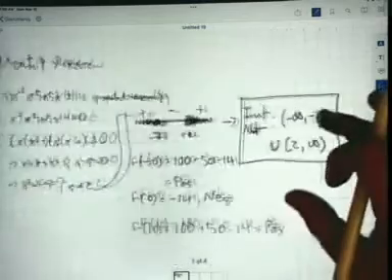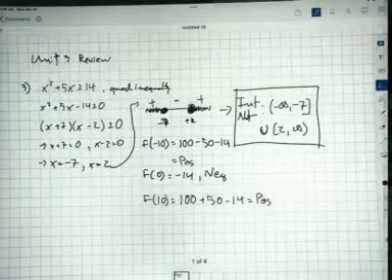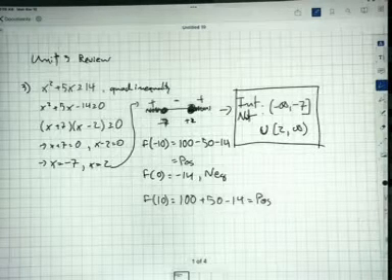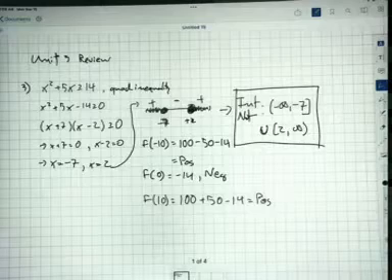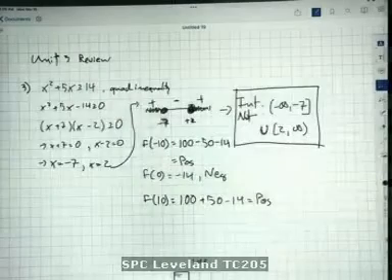Does that make sense? All right. What else can we look at? Number 8.